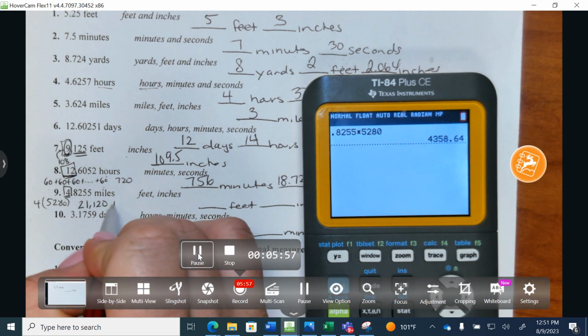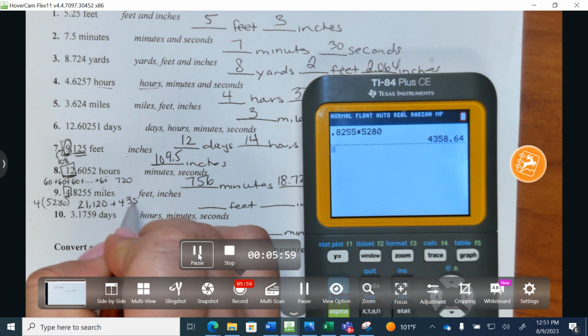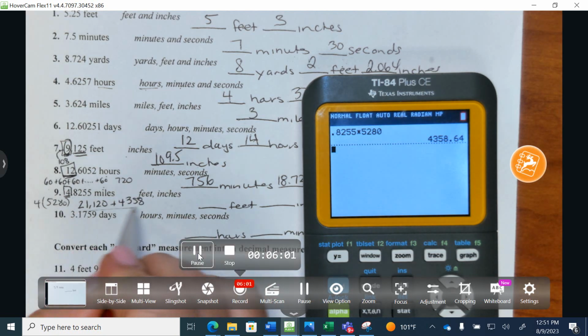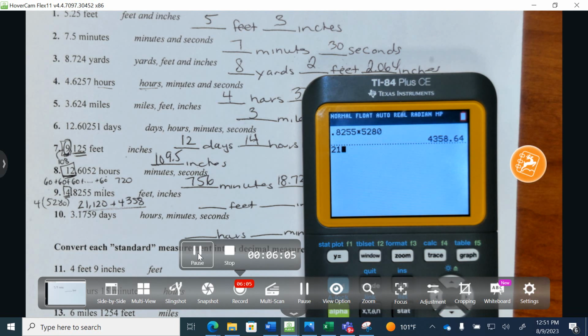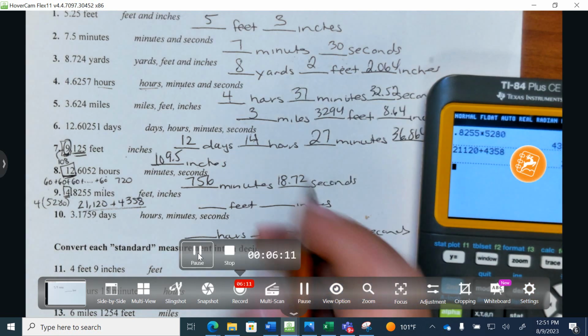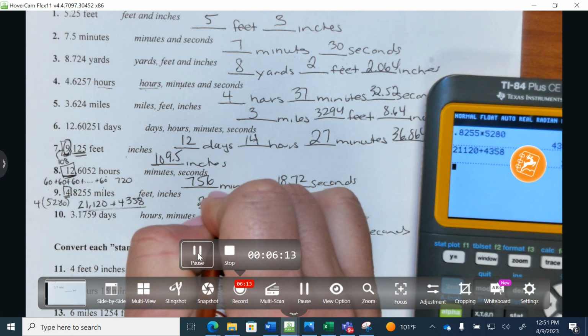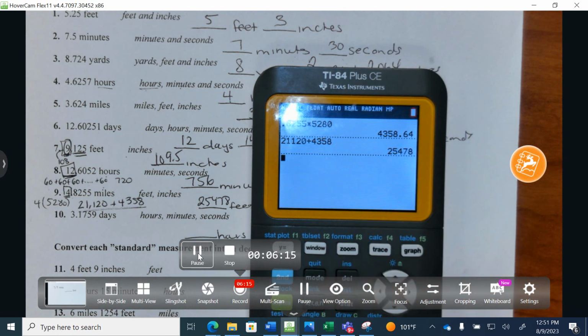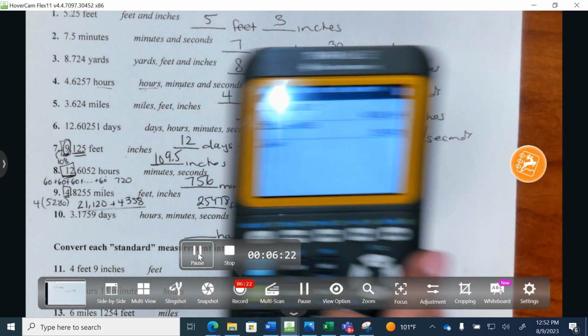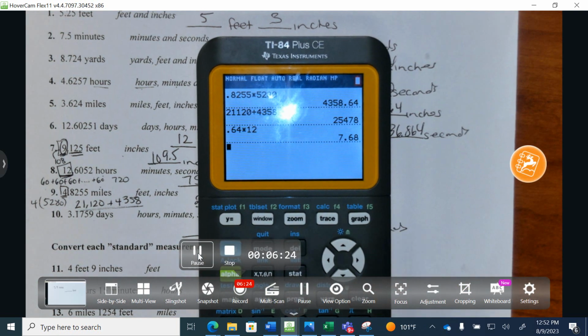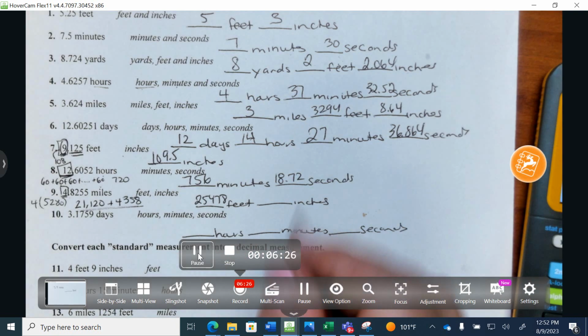Okay, so I need to add on an additional 4,358. This is how many feet I have. Notice there is a remainder that I'll come back to. So 25,478. Okay, now what do I do with this remainder? I'm going to take the remainder, and I ask myself how many inches are in 1 foot. Always working backwards. There's 12 inches in 1 foot, 7.68 inches.